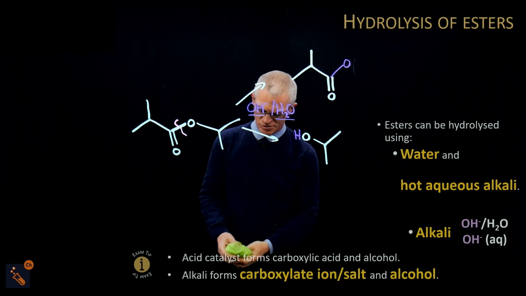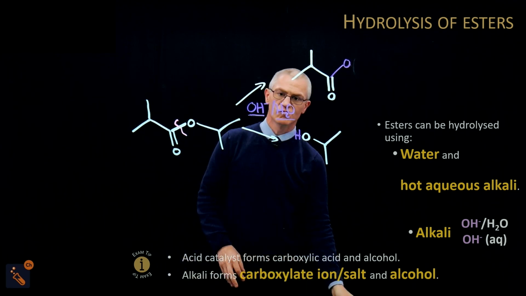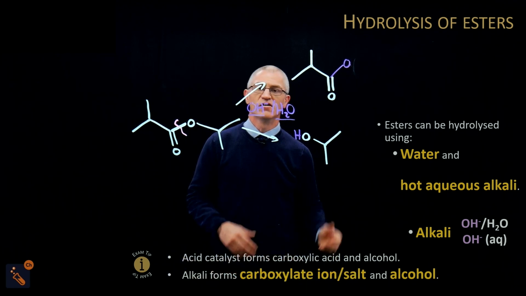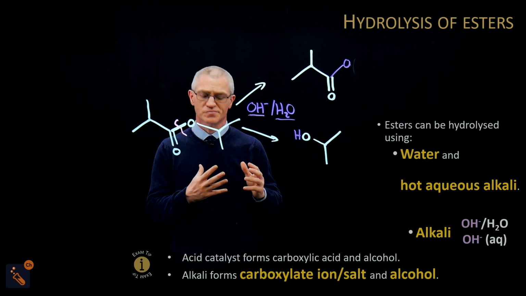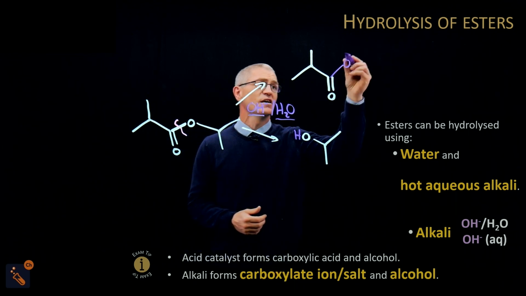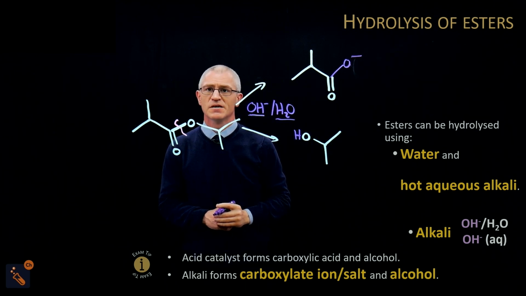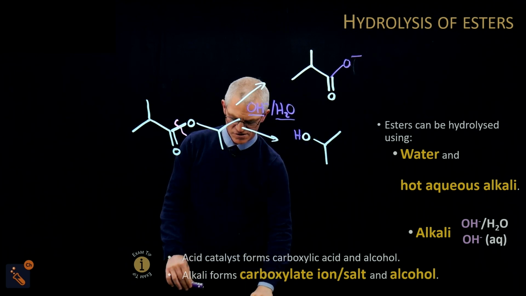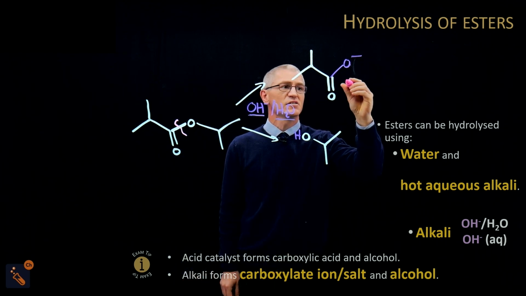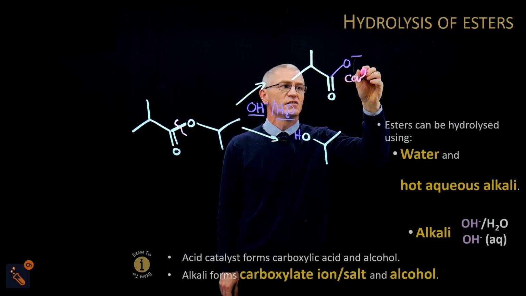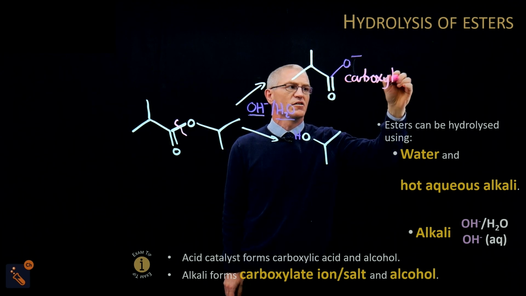We've removed the proton because it's reacted with the sodium hydroxide, and that leaves behind a negative charge. So that is called our carboxylate ion. So this here is our carboxylate ion.